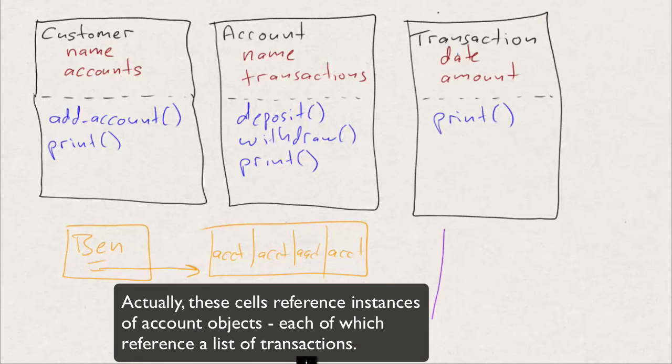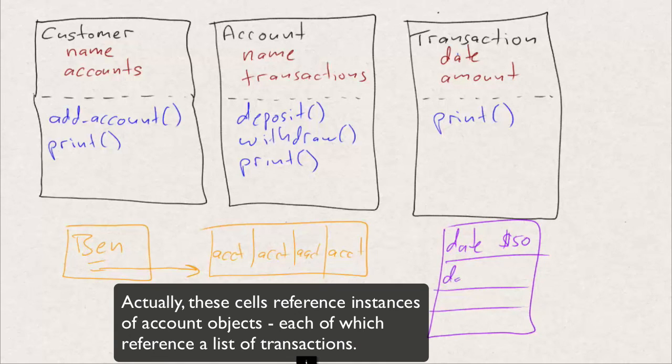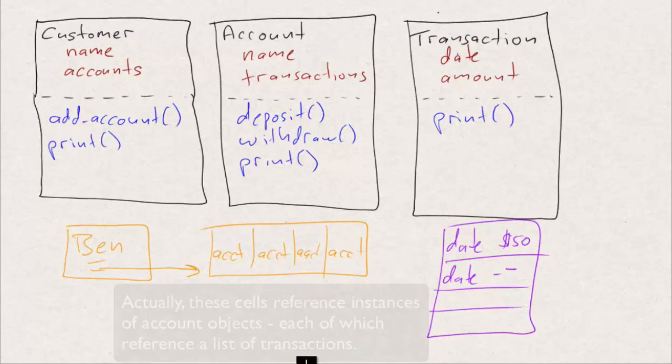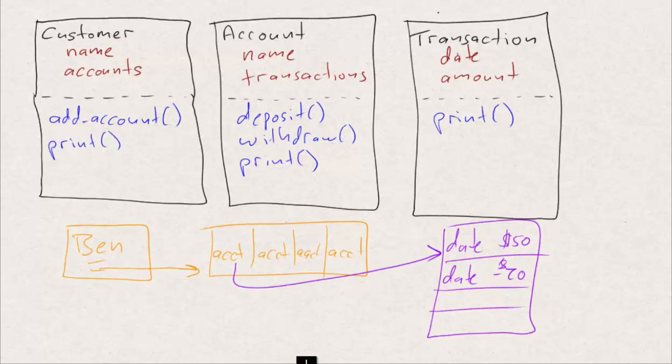Here's a list of transactions, which might have a date and an amount. A date and an amount. And so maybe this account is a reference to this list of transactions. And these other accounts will be references to other lists. And this is just Ben.